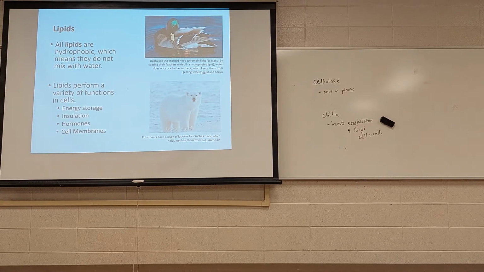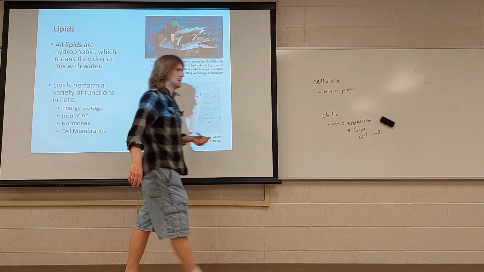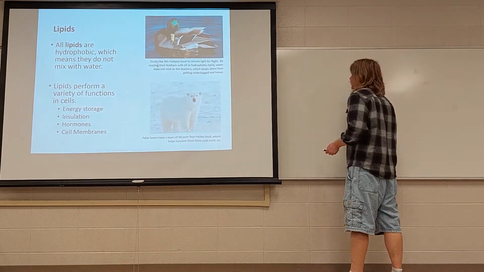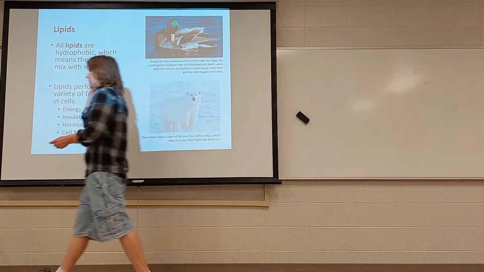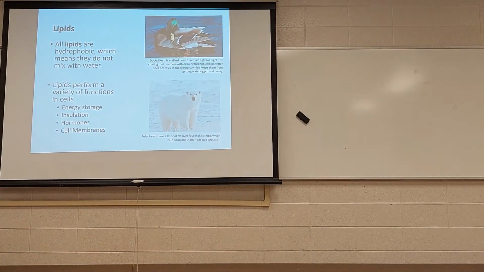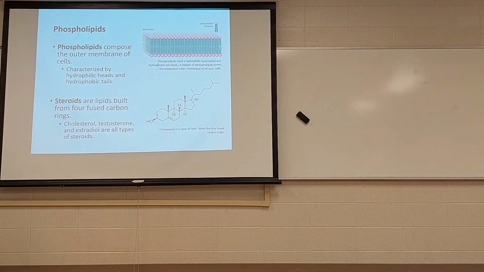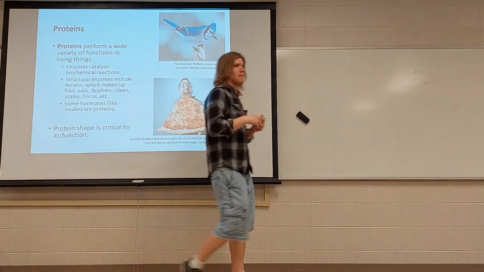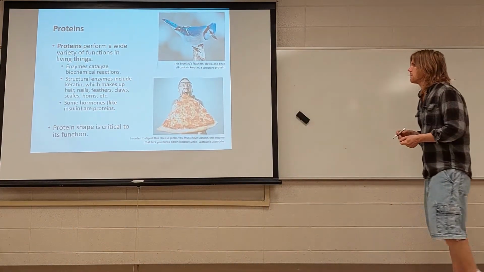All right, we're going to do lipids next. Actually, you know what? We're going to skip lipids and go to proteins. As long as your brain right now is in the polymer, monomer mindset, I want to get this one knocked out.